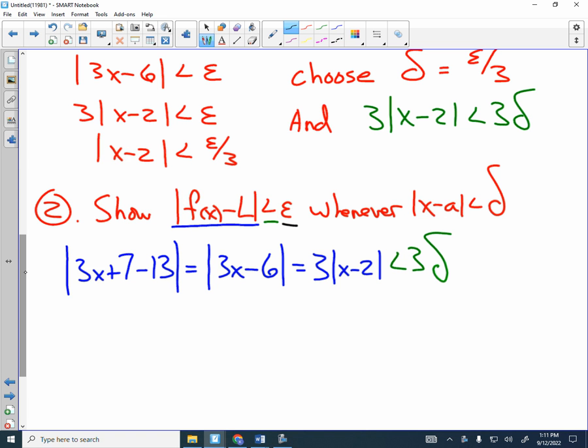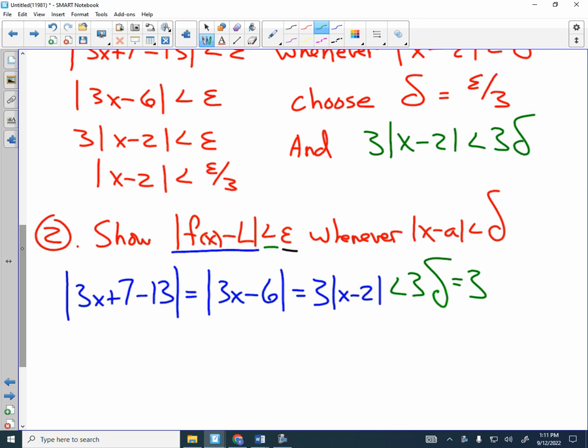What is the last thing I need in my proof? I need an epsilon. Well, 3 times delta equals 3 times, what is delta? What did we choose delta to be? We chose delta to be epsilon over 3. And what is 3 times epsilon over 3?